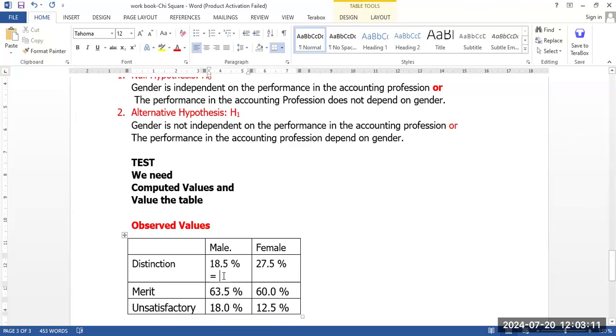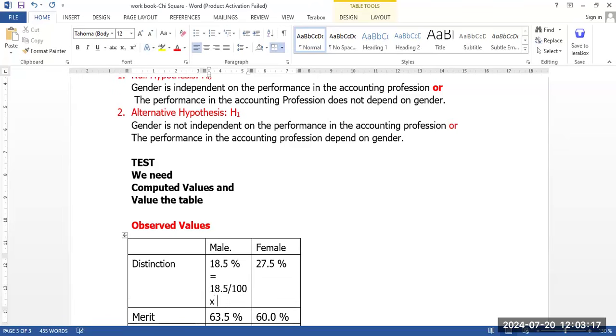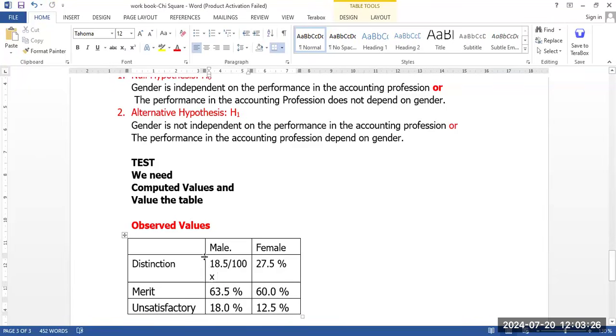So to get the number, just get 18.5 over 100, then times what is total male? 200. So multiply by 200.